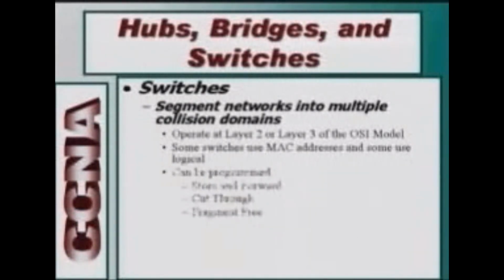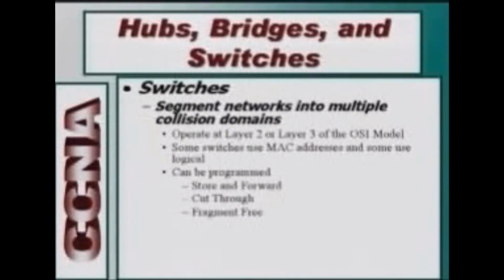For example, you should know that switches can be programmed for store and forward, which means every packet I receive, I'm going to receive that entire packet, make sure that it's not damaged, and then I'll forward it. So switches can make those types of decisions. We can store and forward. We can do cut through, which just means as soon as I receive a packet, it goes to its destination. As soon as I see the destination address, it goes to the destination.